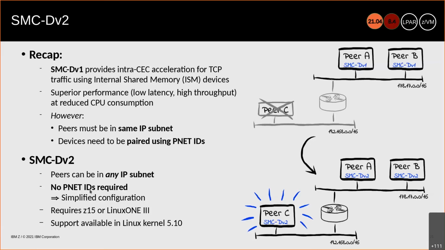We just did away entirely with it. So you just have to make sure your ISM devices are present and you're pretty much set. It requires a z15 or LinuxONE 3, and we're just rolling it out so far. It's available in the latest releases by Ubuntu and Red Hat Enterprise Linux.